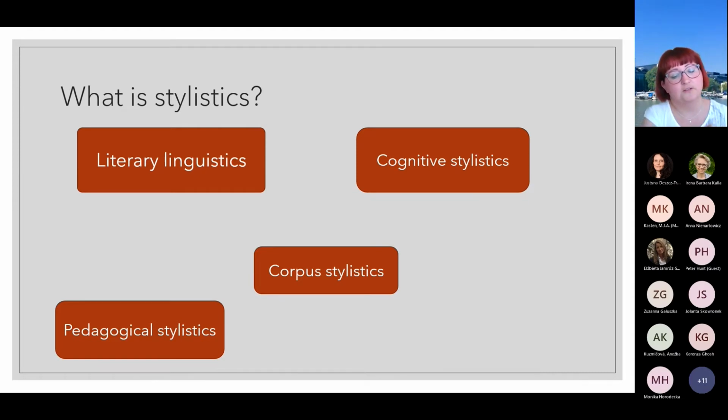Instead of teaching the way many of us learned the foreign language traditionally, the grammar translation method, where you would learn grammar, vocabulary, and build sentences in class, this would be analyzing a text, getting a text in the target language and learning the language from this literary text. That's why it's called pedagogical stylistics.